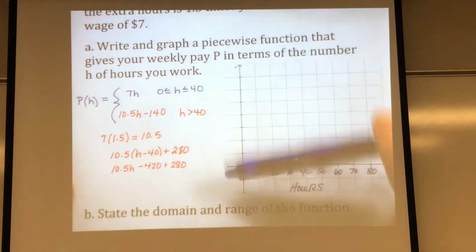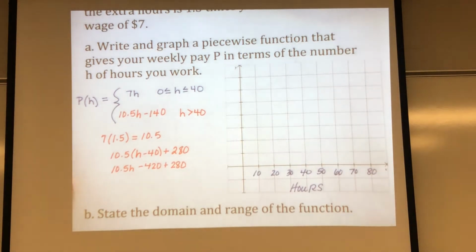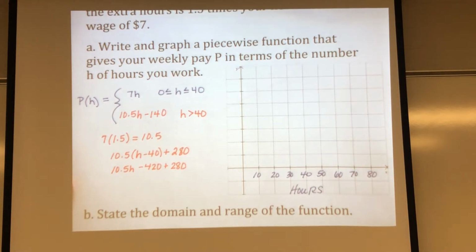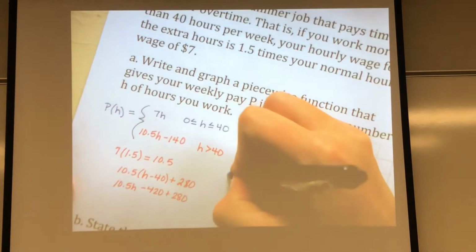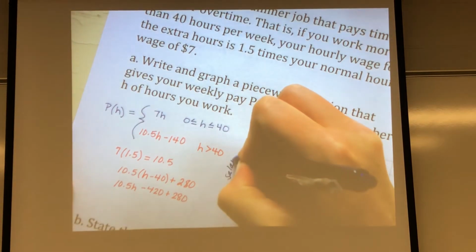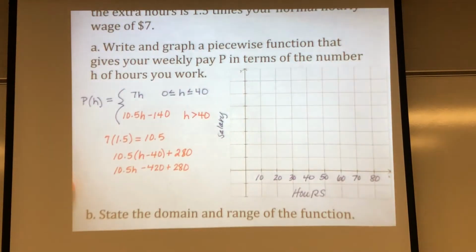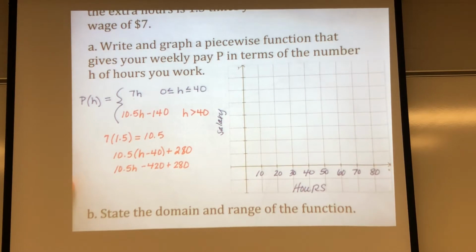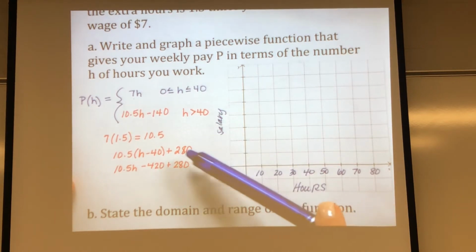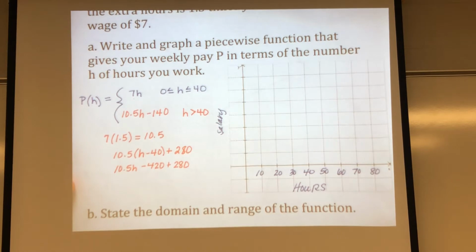All right, and then we need to figure out what our y-axis is. Our y is talking about our pay or our salary. And notice that we are labeling our x and our y axes. All right, so our salary, we need to figure out how much we could potentially be making there. So we know that if we worked all 40 hours, we'd be making $280.